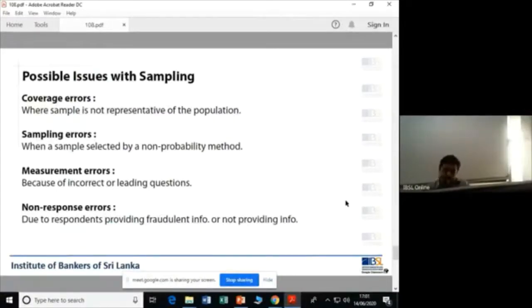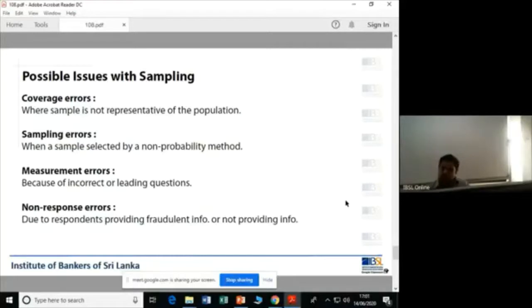Well, let's discuss these issues one by one. Coverage error. This is where the sample is not representative of the population. That's the most common problem that we can come across with these sampling techniques.